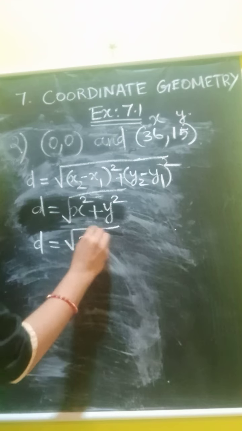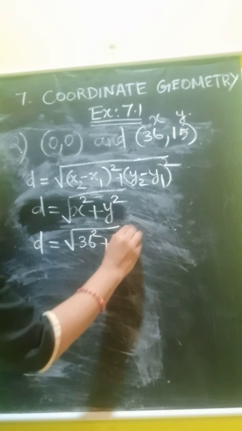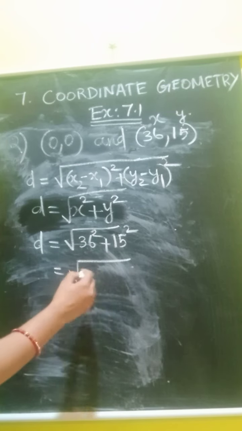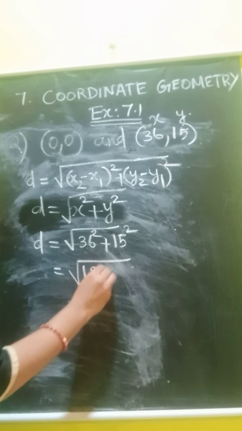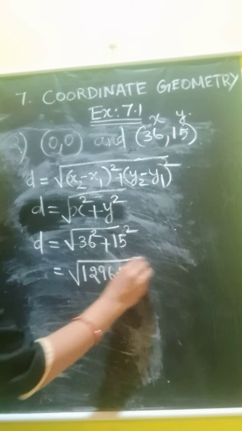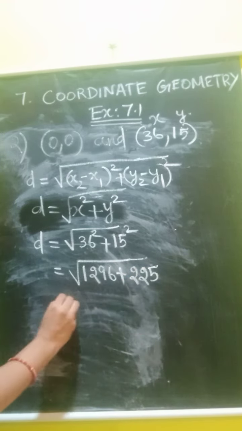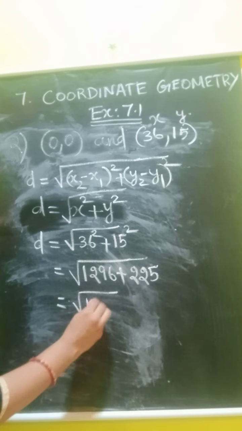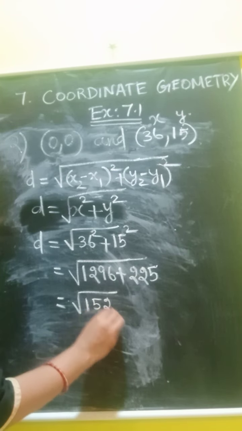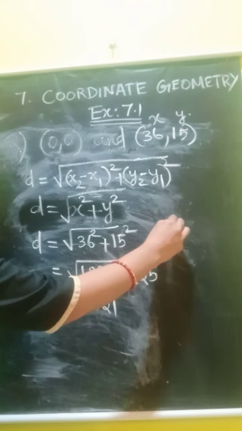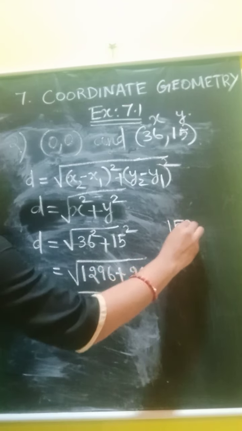36 square plus 15 square is equal to, 36 square is 1296 plus 15 square is 225. So we will be getting 1521. So the square root of 1521 we need to find out. 1521.